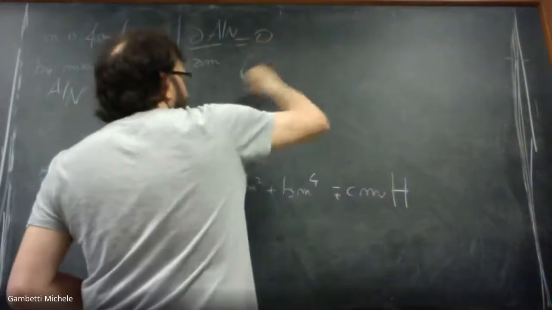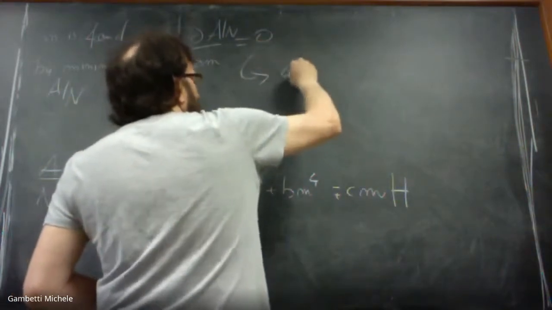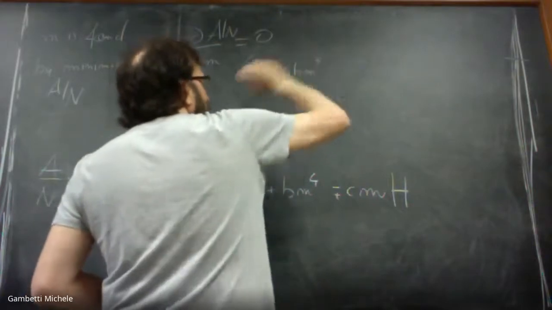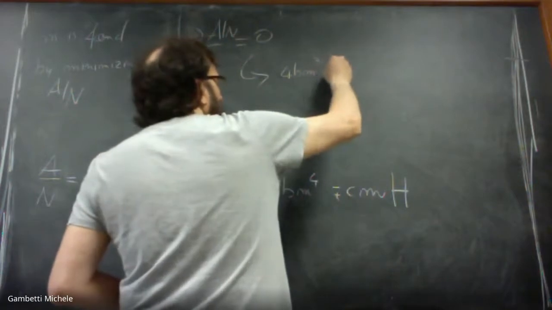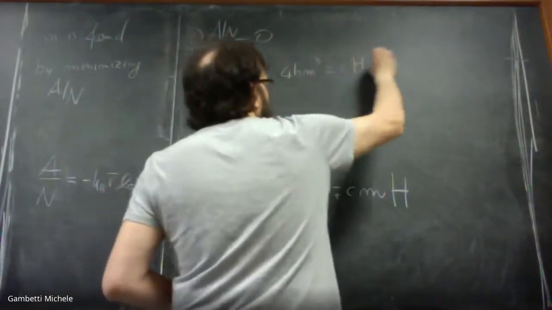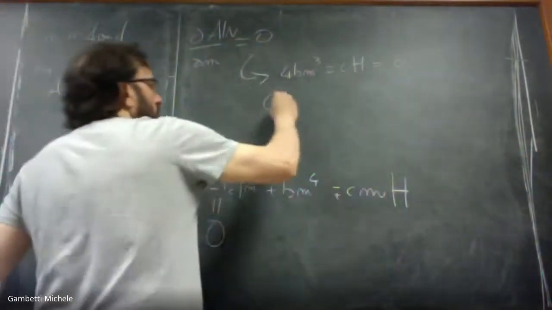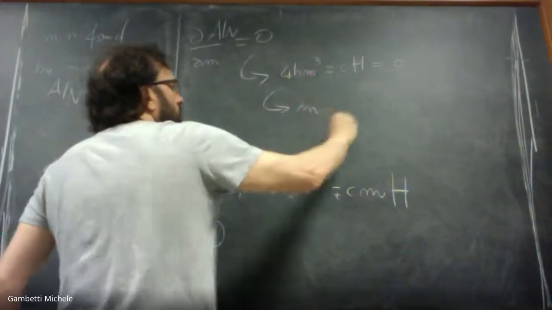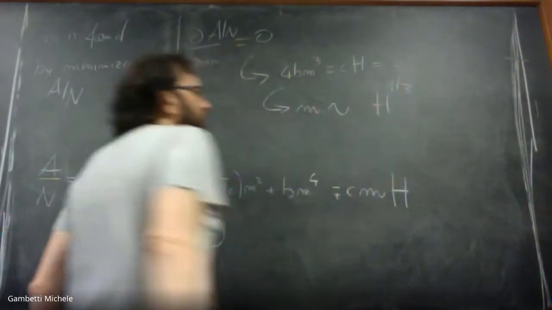So this equation will say that b m to the power of 3 minus plus c h is equal to 0, from which I get that m scales as h to the 1/3.